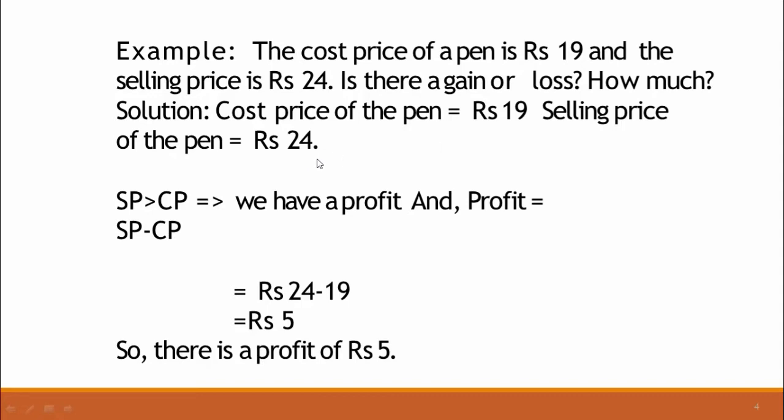In this situation, the selling price is greater than the cost price, so we have a profit, and the profit can be defined by selling price minus cost price. So the selling price is 24 minus 19, where 19 is the cost price. 24 minus 19 is equal to 5. So in this situation, there is a profit of 5 rupees.